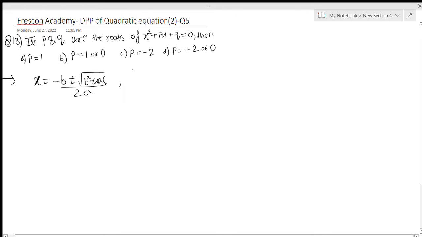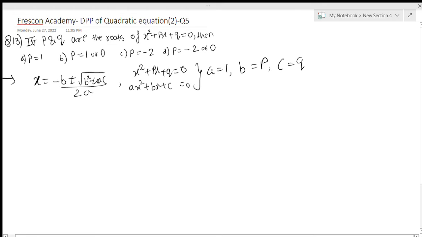By comparing the equation x square plus px plus q is equal to 0 with ax square plus bx plus c is equal to 0, we get a is equal to 1, b is equal to p and c is equal to q. So they have said that p and q are the roots of this equation.